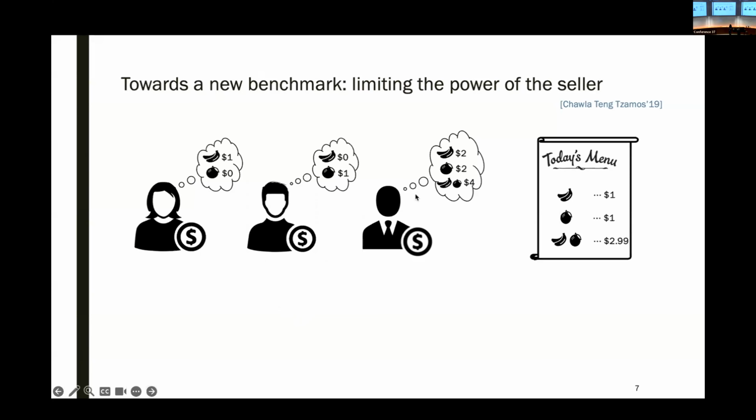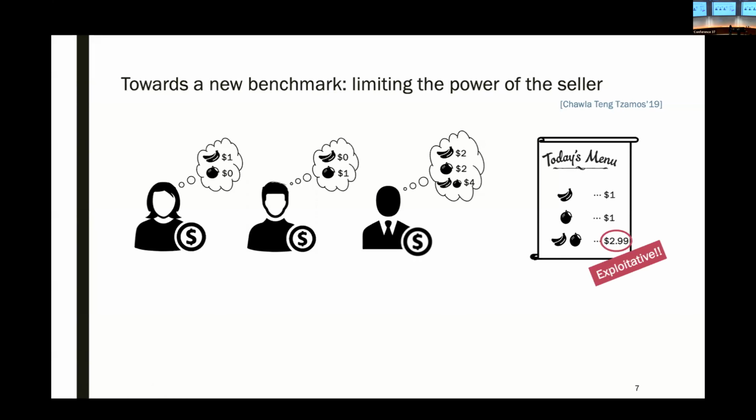And what ends up happening in this example is that the optimal mechanism looks something like this. So you're selling the bananas at $1, the orange at $1, but if the buyer wants to buy the bundle of these, then they need to pay $3, okay? And in effect, what happens is that the bundle costs more than the sum of the prices of the two items.